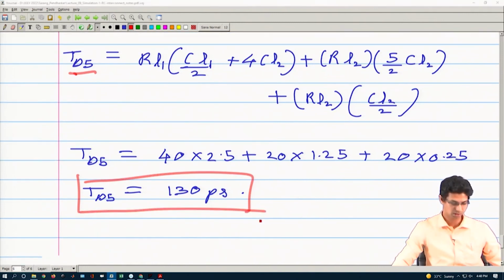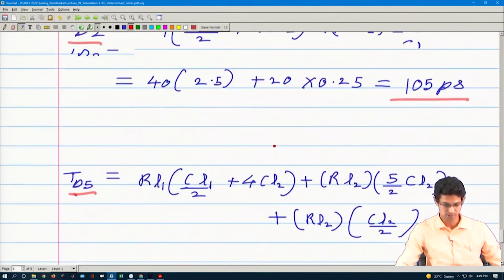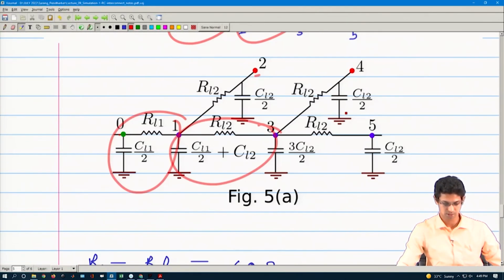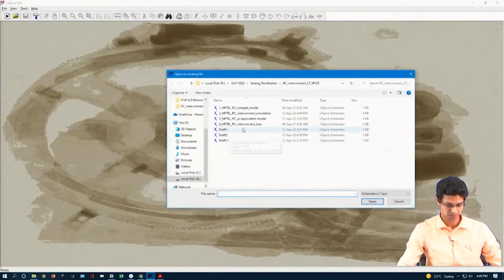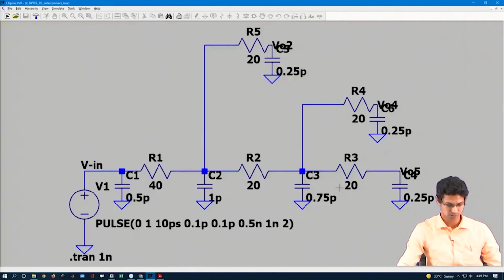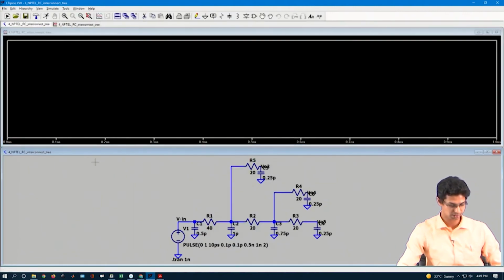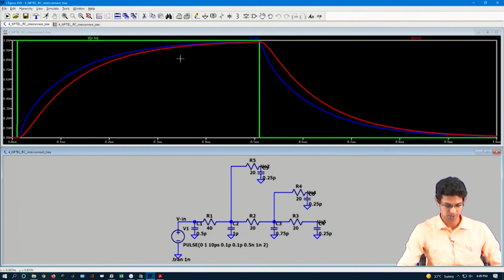So, again you can construct this structure in your simulator, and when you construct it, it will look something like this. This is your input, these are your outputs, 3 outputs. If you simulate it, you can then compare the output. So, this would be the second output and this is the third output. Here you can see, with this branching, your delay is now almost comparable to your T on time.